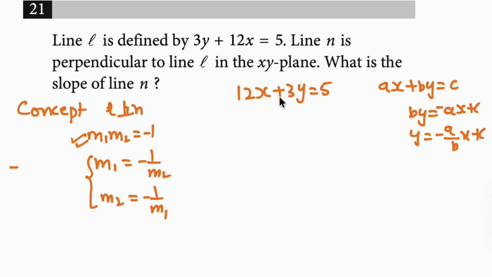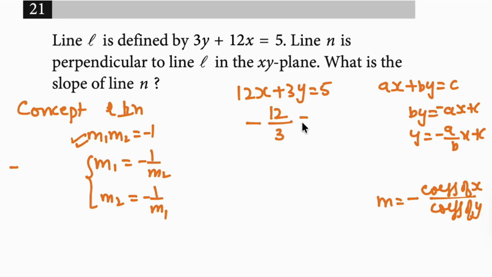So if the equation is given in the standard form, then the slope is equal to negative of the coefficient of x over the coefficient of y.